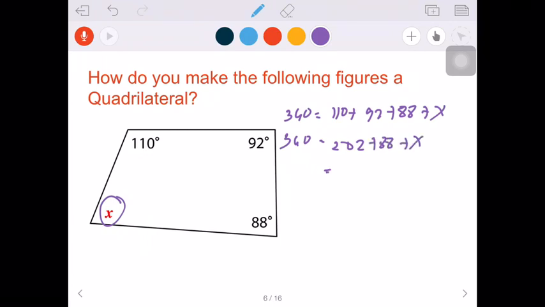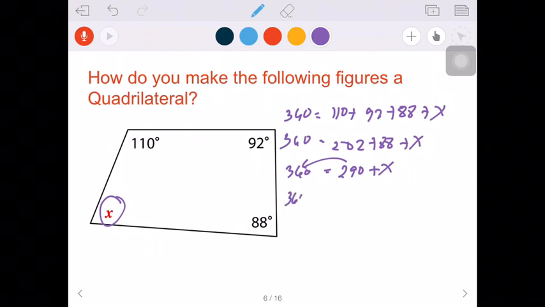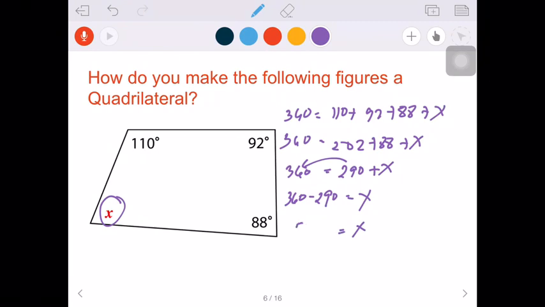To continue, we have 290 plus x equals 360. Transposing this to the other side, we have 360 minus 290 equals x. So x is equal to 70 degrees. So the value of x here is 70 degrees.